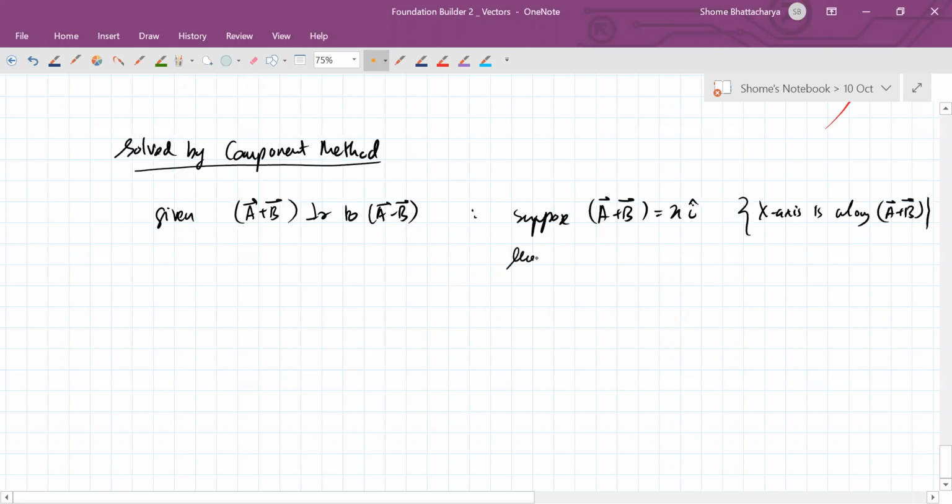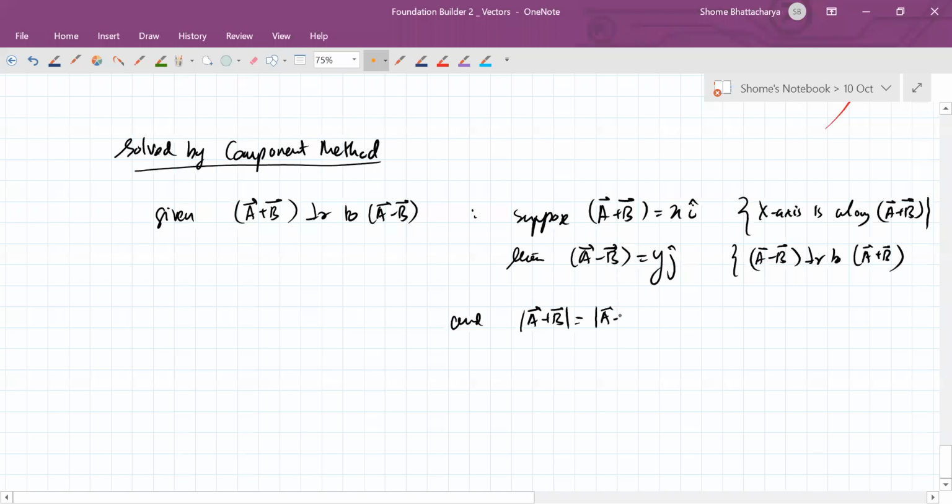Then A minus B being perpendicular to it, we can write it as some y j cap, because A minus B is perpendicular to A plus B. Okay. And since A plus B's magnitude is A minus B's magnitude divided by root 3, you can see x is equal to y by root 3.